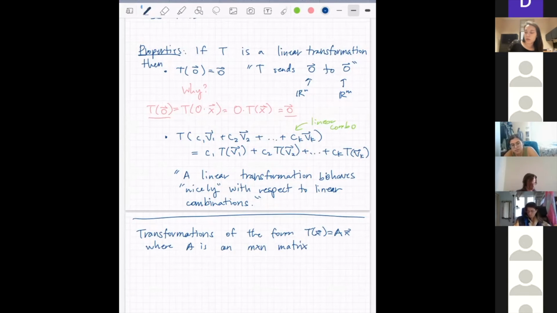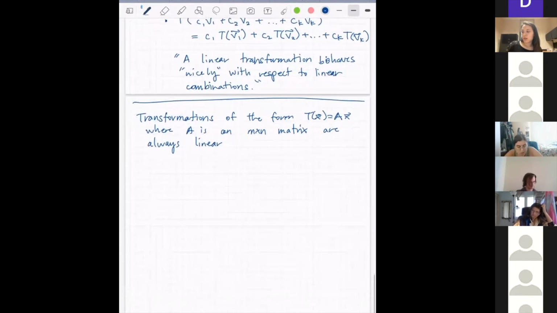These are actually always linear. So any matrix we can come up with, we can form a transformation by doing this, and it will always be linear. This just comes from the properties of multiplication of matrices by vectors. So why is this the case?